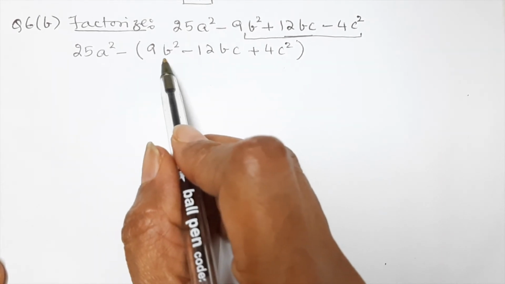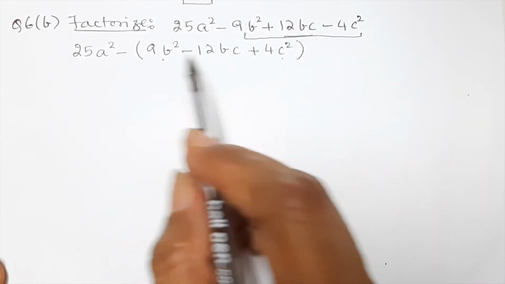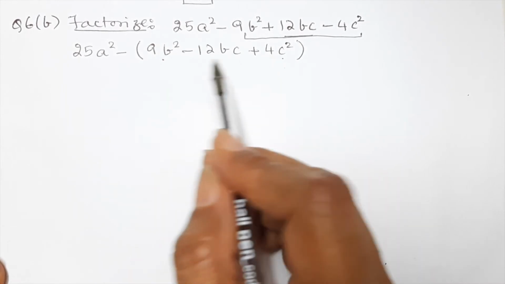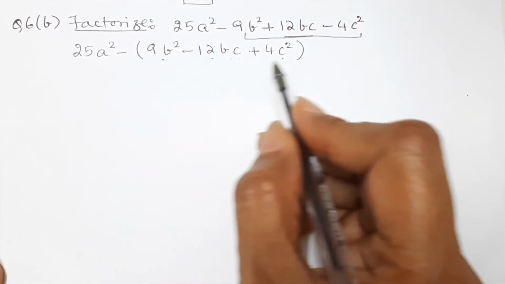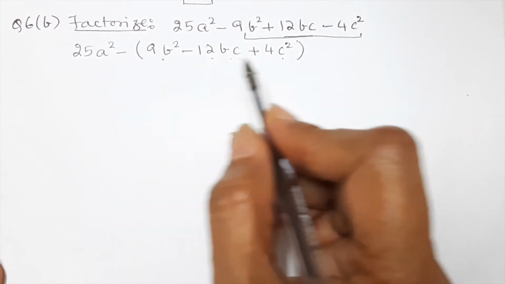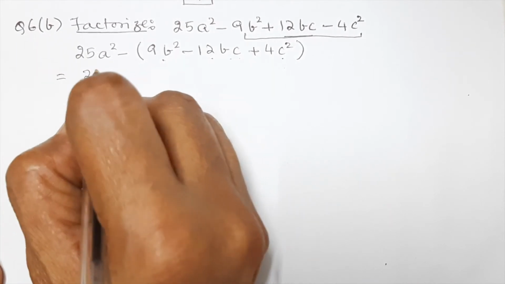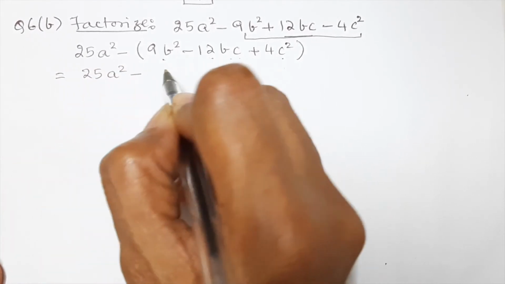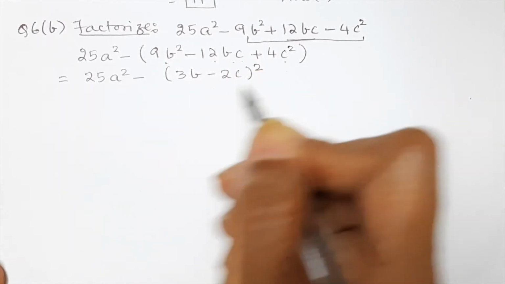Here the value of a is 3b, here the value of b is 2c. So if you multiply them and double it, so 2ab comes out to be 12bc, and so this is a perfect square of 3b minus 2c. So we will write it as 25a squared minus 3b minus 2c whole square.